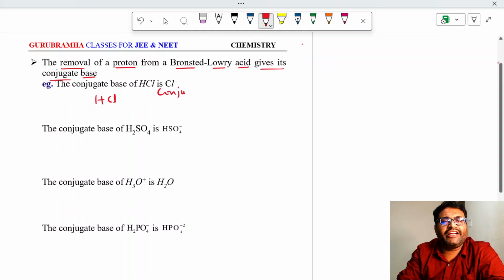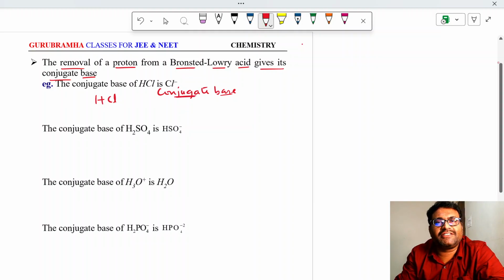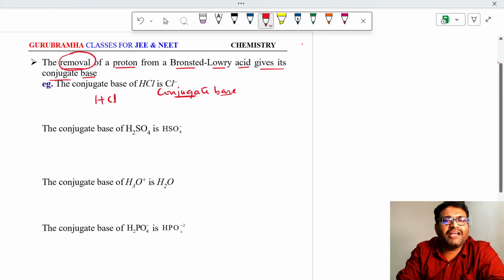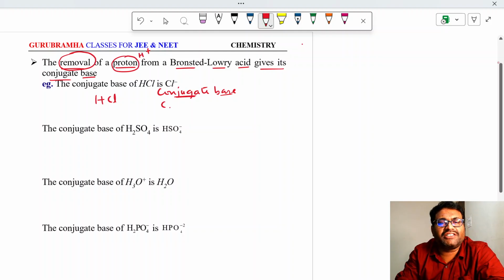Now we have studied that conjugate acid base pair means the acid base pair that differ by a proton. So whenever one substance is given, and it is asked what is the conjugate base of that particular substance, then what you have to do? You have to remove one H plus and write them. So removal of H plus, removal of proton. If you remove proton from this, what do you get? Cl minus. So Cl minus is the conjugate base of HCl.